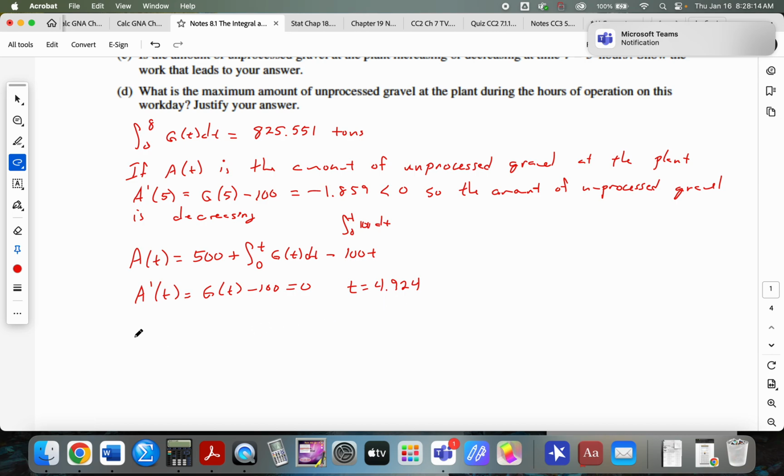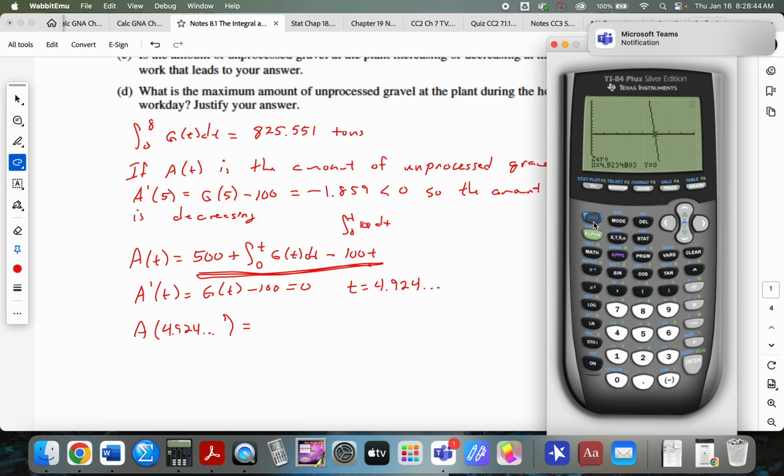And then the amount at 4.924. And I'm going to go ahead and put dot, dot, dot because since that's not a final answer, I really don't want to round it off. So now I can use this equation. So quit out of that.